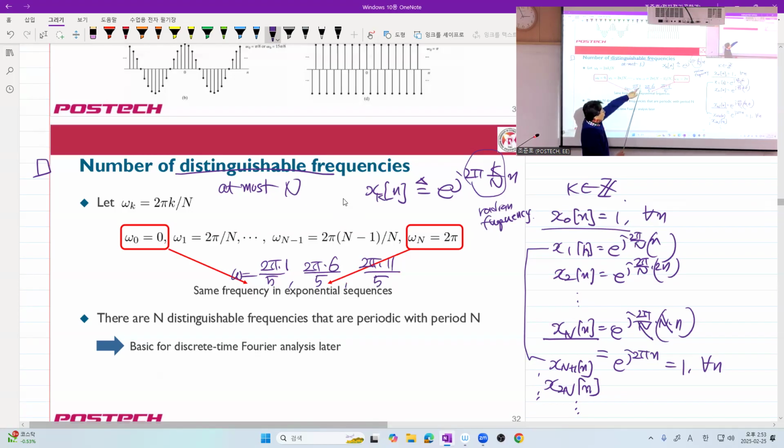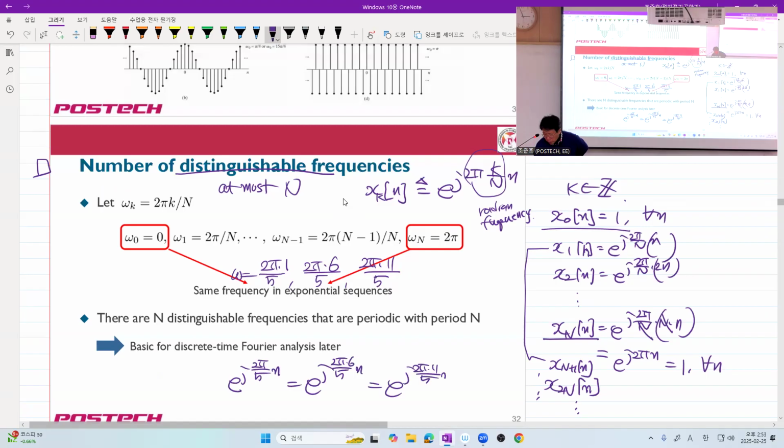And you add this 5, then these apparently different looking signals are the same. So let me write. Got it? They are the same signals.